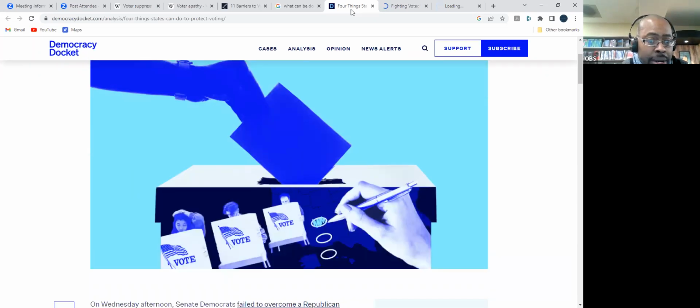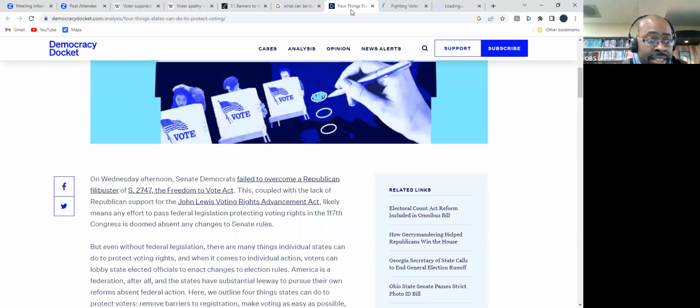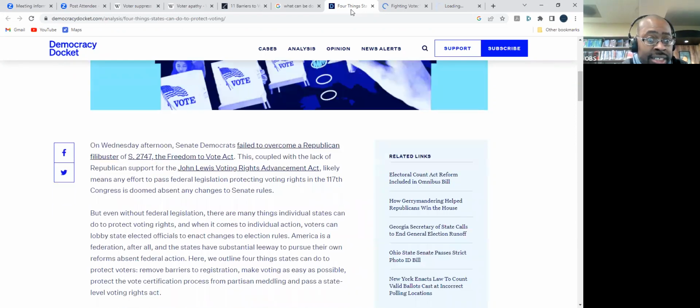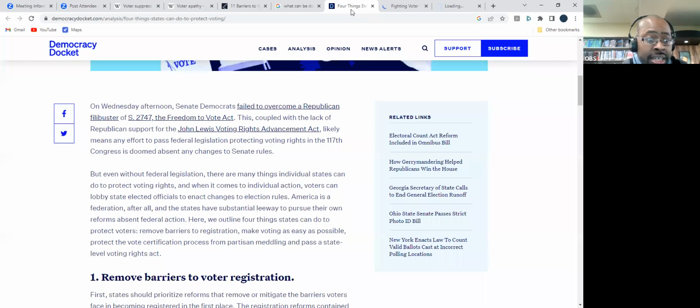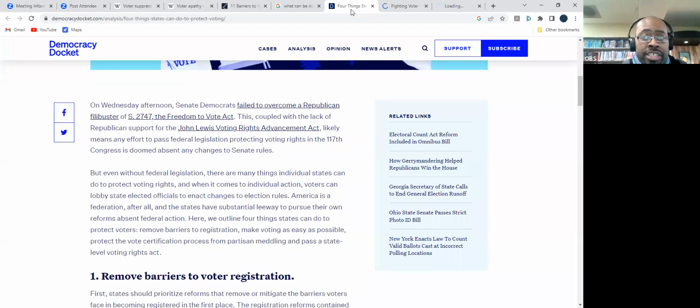And one of the things that's been talked about, and still is talked about, is pressuring Congress to pass the John Lewis Voting Rights Advancement Act.